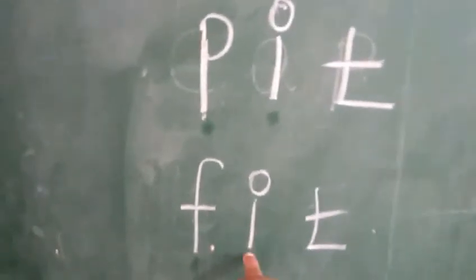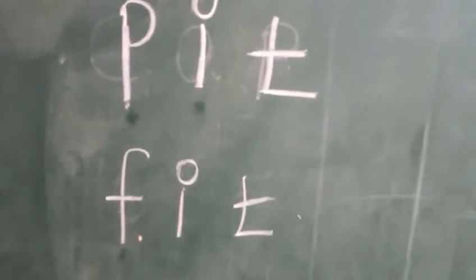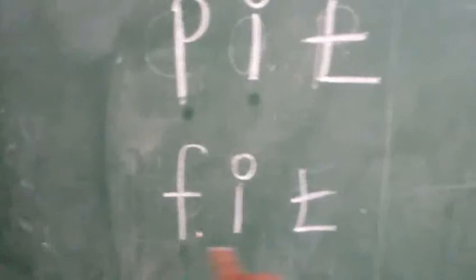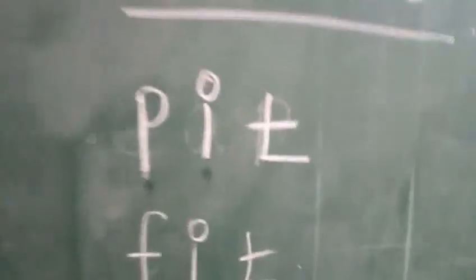Shoulder. Then, middle sound, where do you touch? Yes, forearm. Next, end sound, where do you touch? Wrist. So, shall we read this? Fit. Fit. So, are you clear, my dear children?